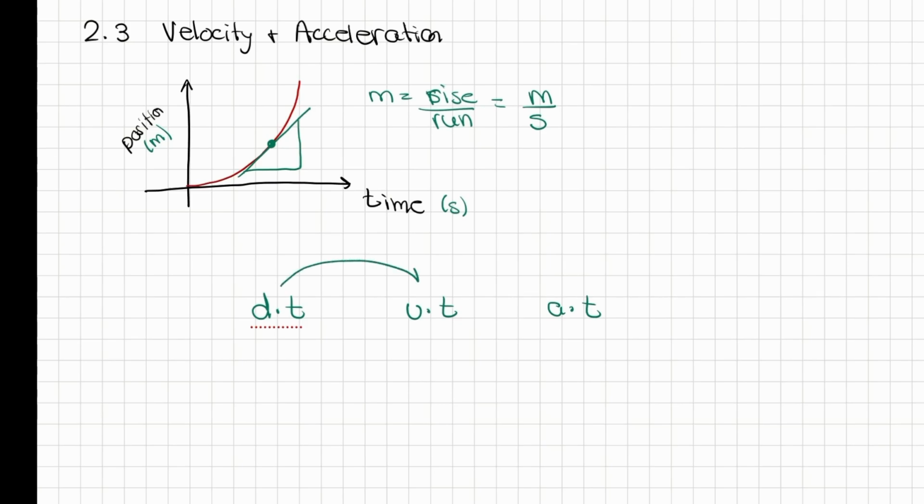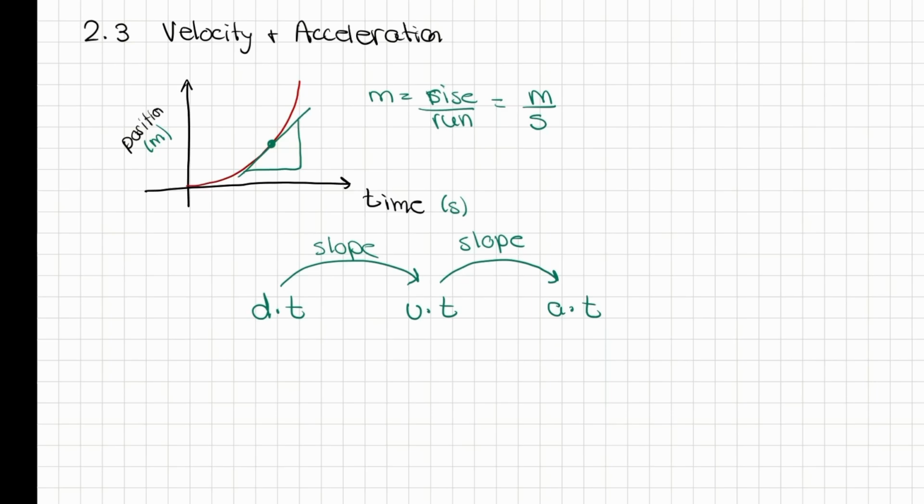If I take the slope of a position time graph, that will give me the velocity time graph. And if I take the slope of a velocity time graph, that will actually give me the acceleration time graph. You may have seen it before. If not, this is a useful piece of information to add to your rules to live by. I would add this to your rules to live by.